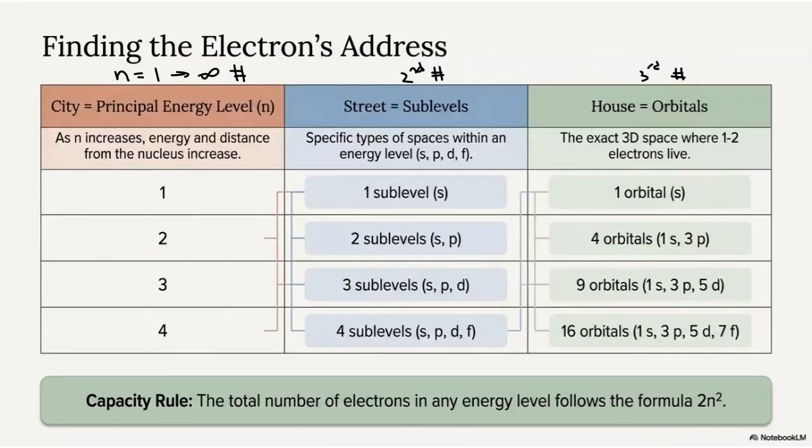And those sublevels, we're going to use letters to describe them. And those letters are S, P, D, and F. There's only 4 letters. That's also because of how many elements we have in the periodic table. We don't need more than 4 letters. In the case that we need more letters, we'll just keep going with the letters that come after the F, so that will be G and so on. But S, P, D, F are the letters for now.